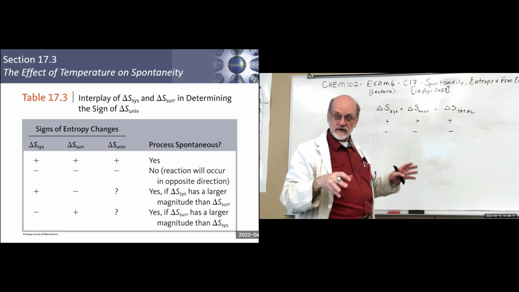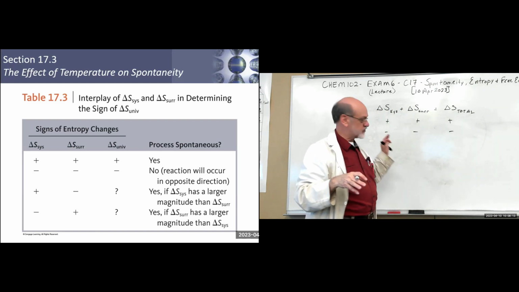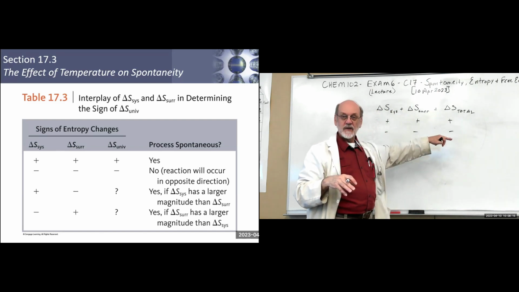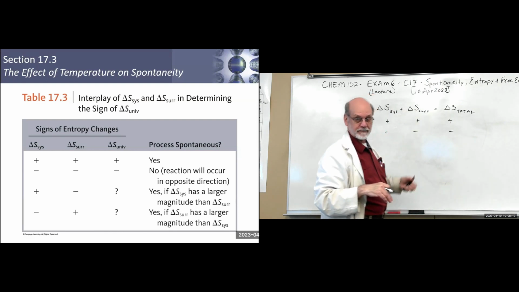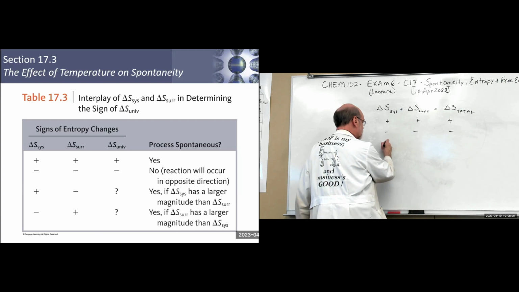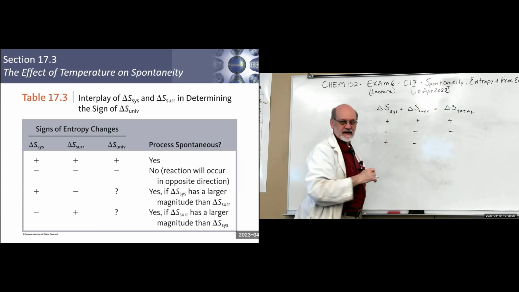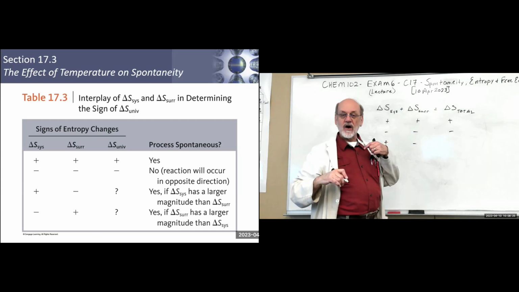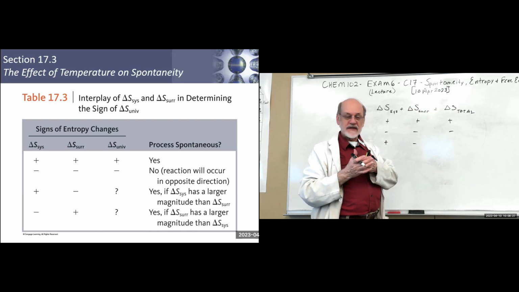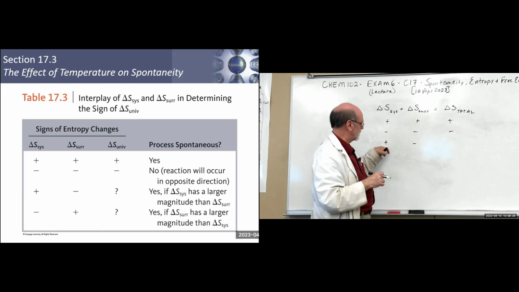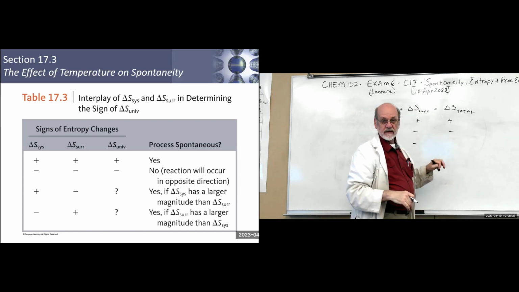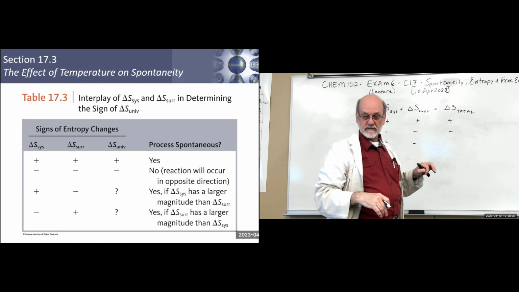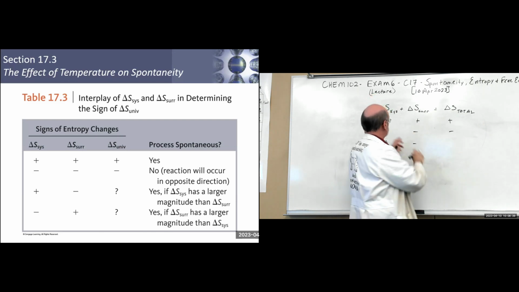No reaction will occur in the direction as written, but it will be spontaneous in the opposite direction. Right? If this is positive and that's negative, then it depends on the size of this one. If this one is larger than the surroundings, then it will be spontaneous.